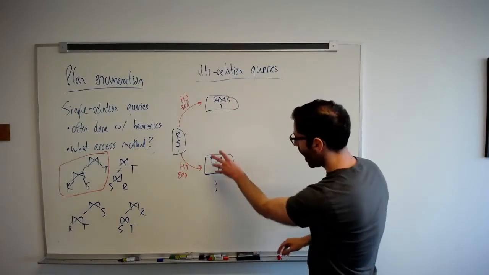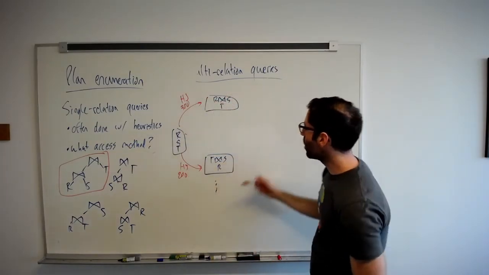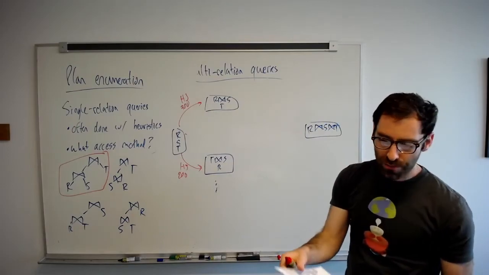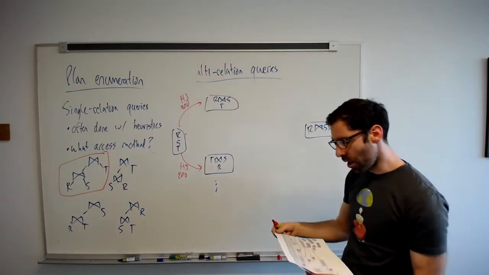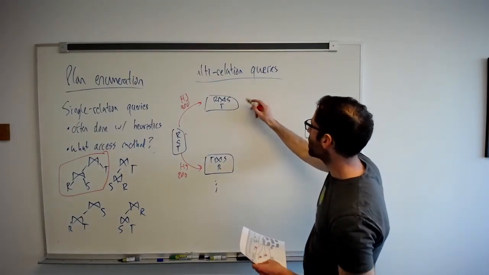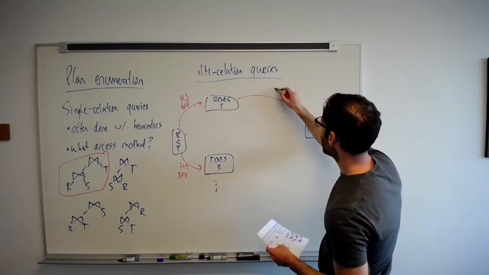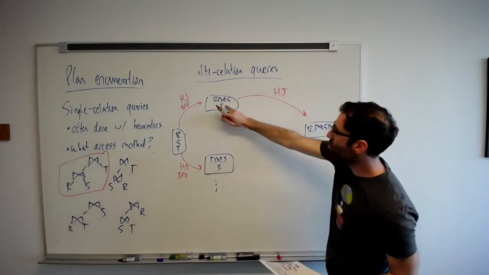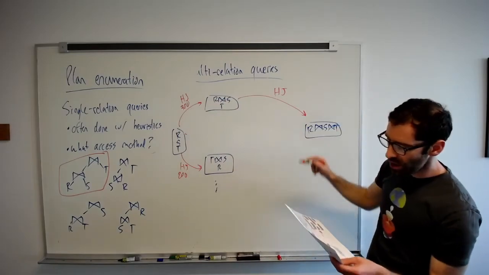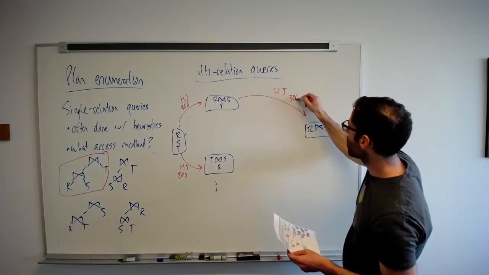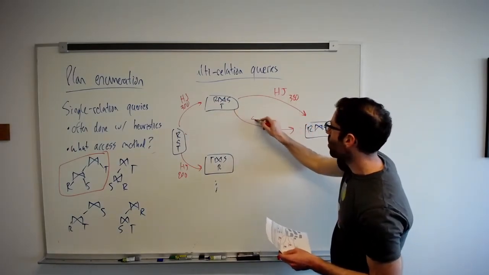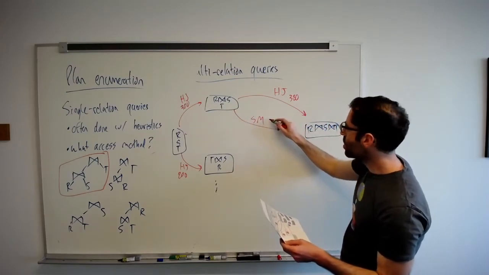And then now that we have this first step, we're going to, again, look at each of our possibilities where we say, well, we could use a hash join to join T with this output, and its cost is 380. What about a sort merge?